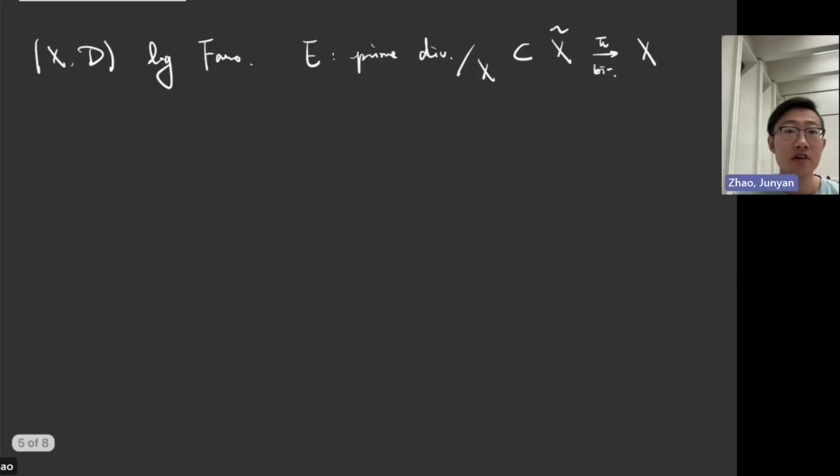Then there are several invariants. The first one is called log discrepancy, which is common in birational geometry. It's defined by 1 plus the order of the discrepancy of the canonical.